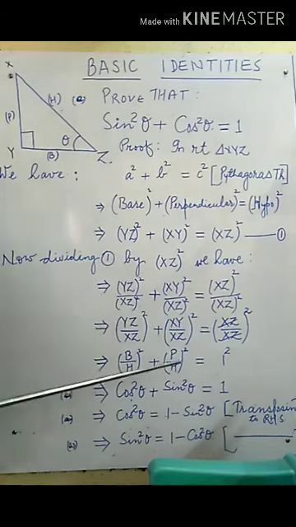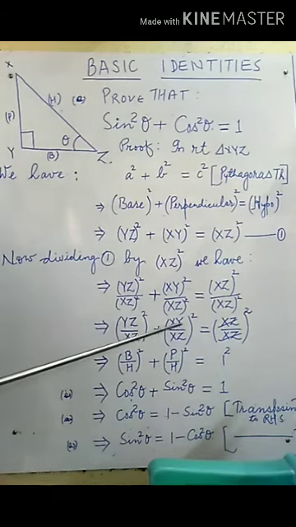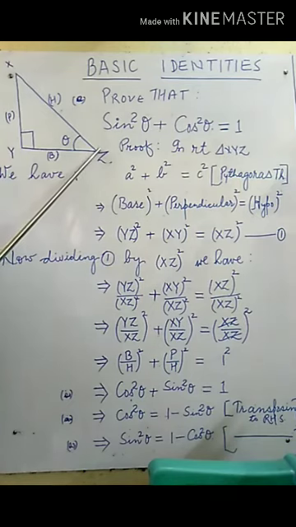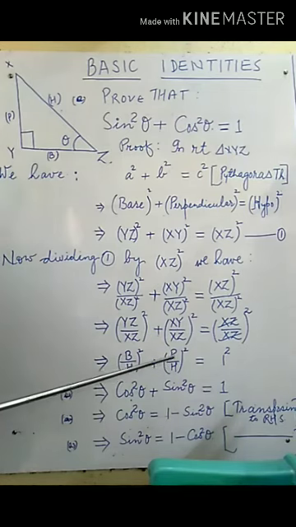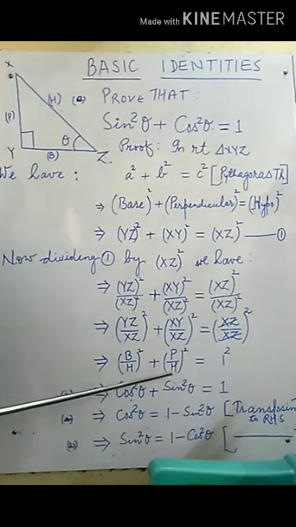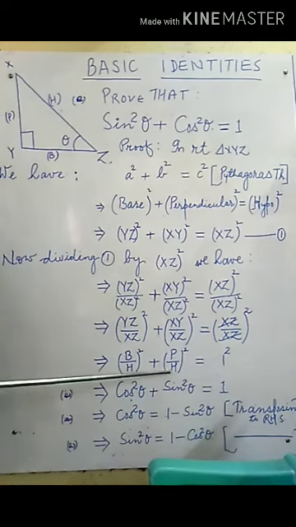Again, xy is perpendicular and xz is hypo. It is the ratio of perpendicular upon hypo, and we know the ratio of perpendicular to hypo is known as sine of theta.